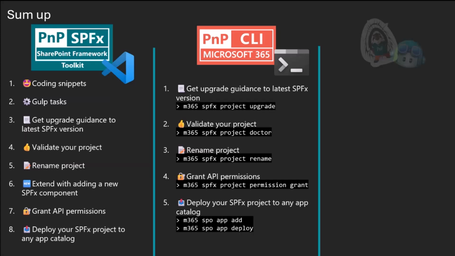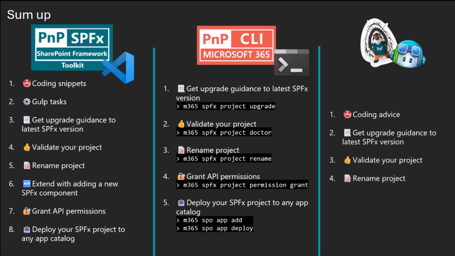And now we also introduce the third area, which is chatting about your project, the GitHub Copilot chat participant that has fewer functionalities, but can also provide you code advice, so not snippets, not perfect code, but guidance, and also has functionalities so you can generate the validate, upgrade, and rename buttons directly from the chat.